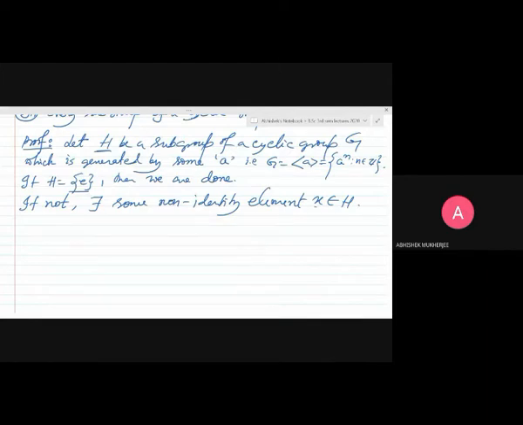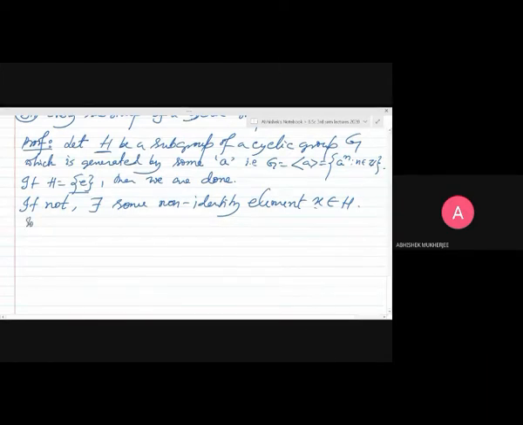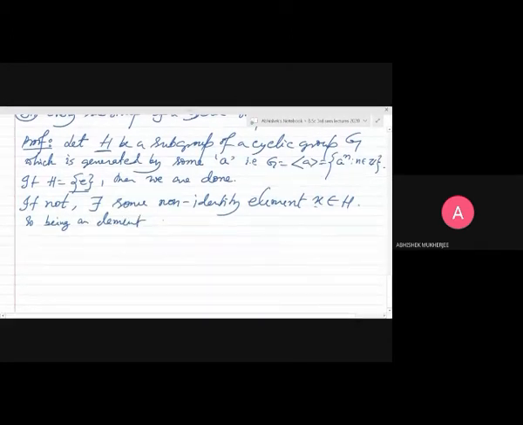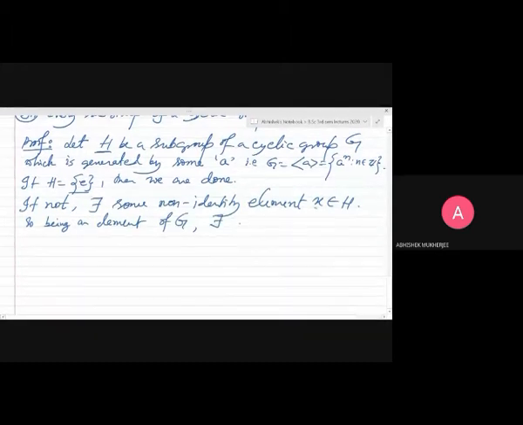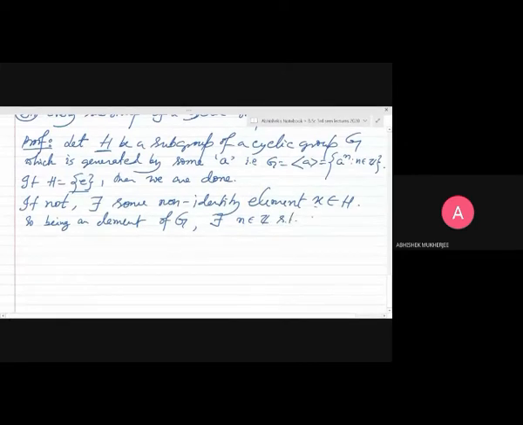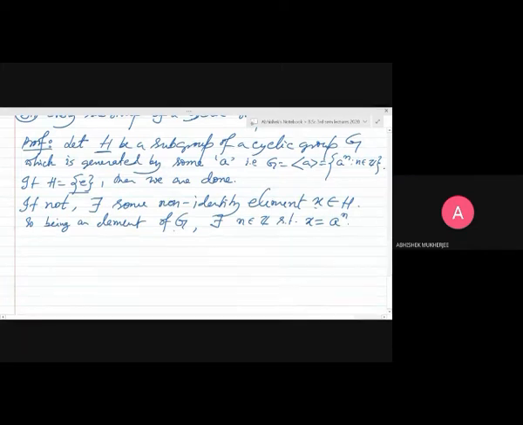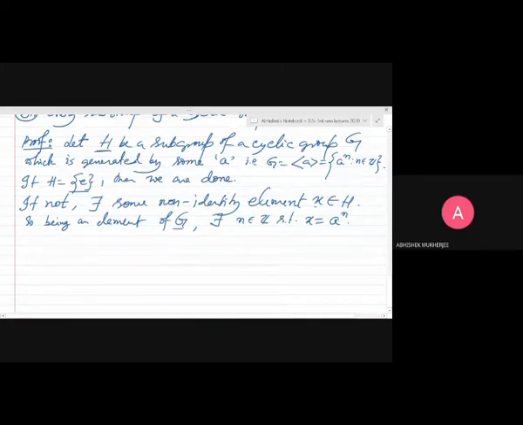So being an element of G, there must exist some n belongs to Z such that x can be written as a to the power n, right? So x looks like a to the power n for some n, as it is in the whole group G.